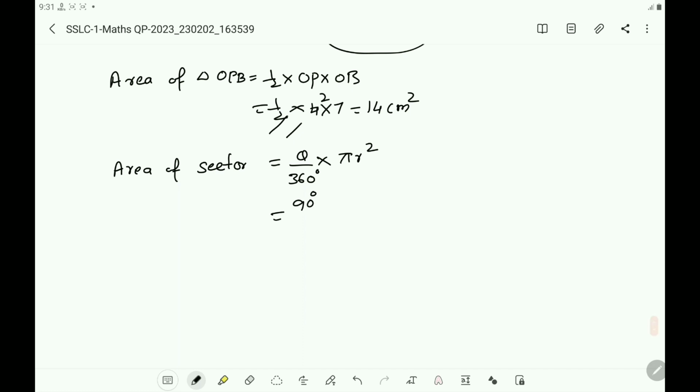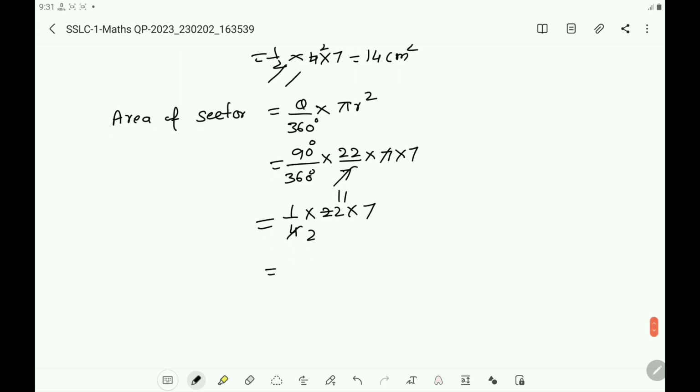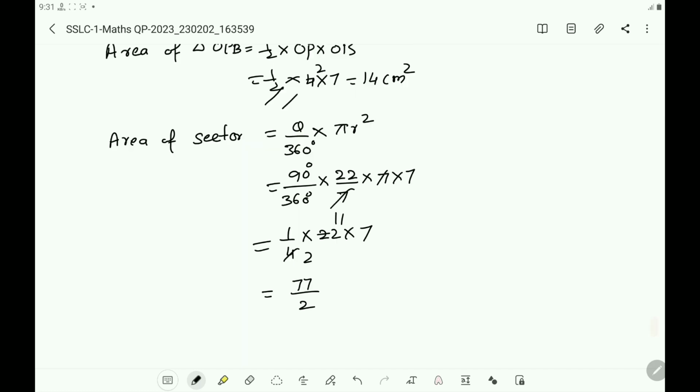Then you write 90 degree by 360 degree, then pi is equal to 22 by 7. R is 7, so you write 7 into 7. Then 7 cancels. Here 1 by 4 into 22 into 7. 2 2s are 2 11s are.